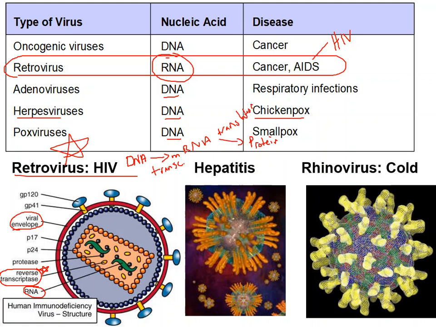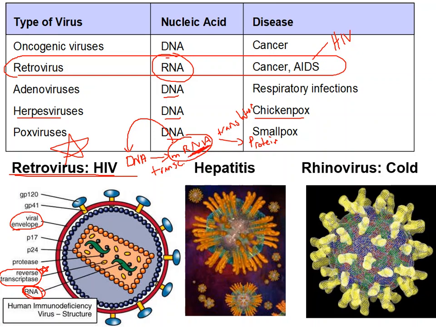It is possible to go backwards from messenger RNA, or from an RNA molecule, into DNA, then to go forward again into messenger RNA. And that's actually what happens with retroviruses. Because they have RNA, they inject RNA into the host cell.